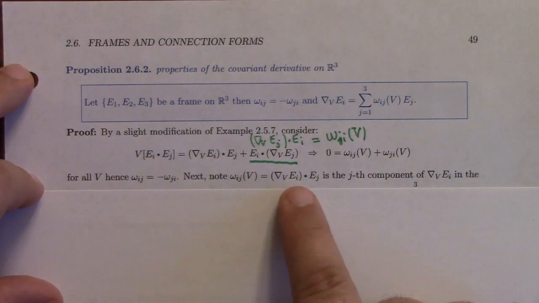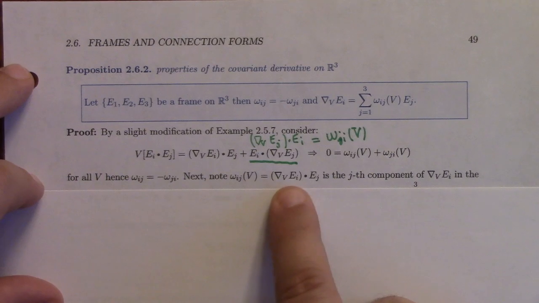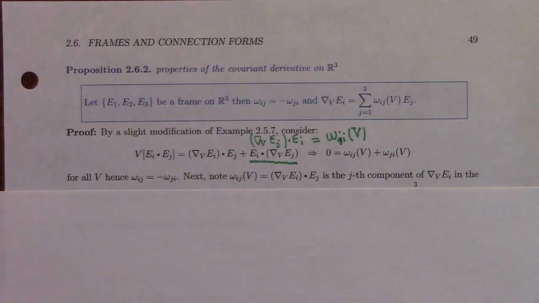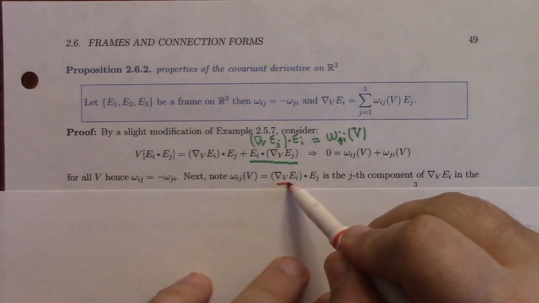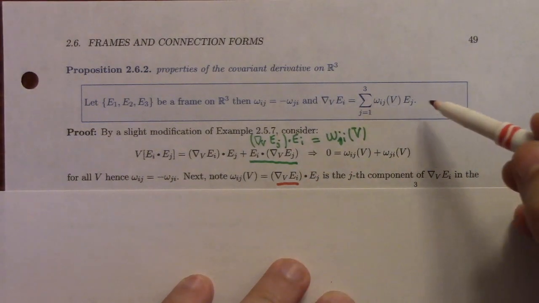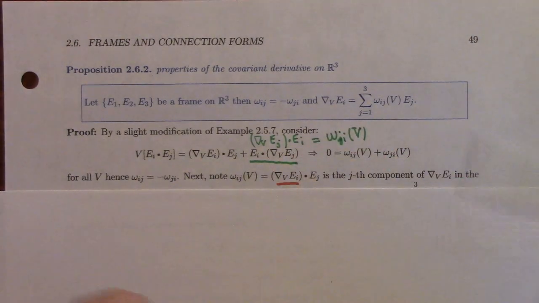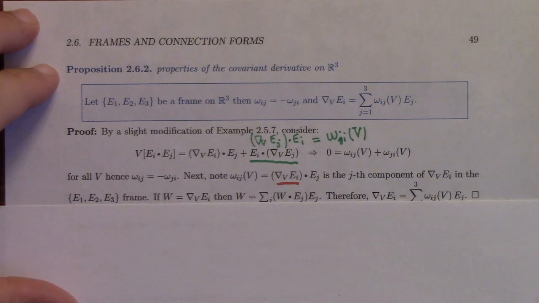This is the jth component of that. So I can add the first plus the second plus the third multiplied by E1, E2, and E3 respectively to build back that. So that's where that formula comes from.